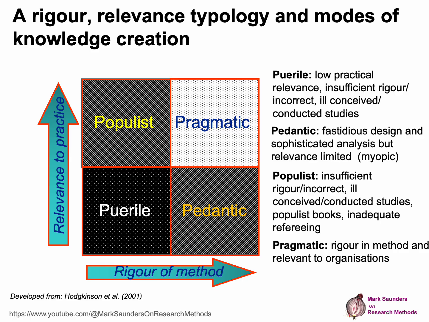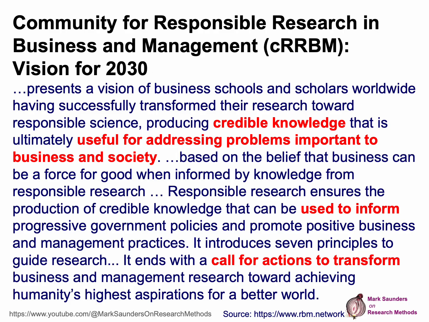And that segues very nicely into the next aspect of what we're going to be talking about here, which is about the research being also responsible. And we can see about the research being responsible in the Community for Responsible Research in Business and Management's vision for 2030, only a few years away. And we often refer to this community as little cRRBM, Community for Responsible Research in Business Management.